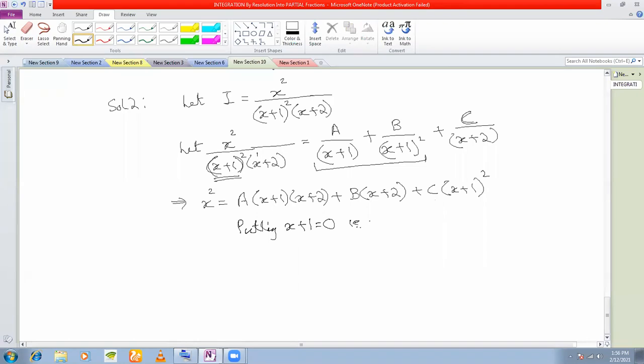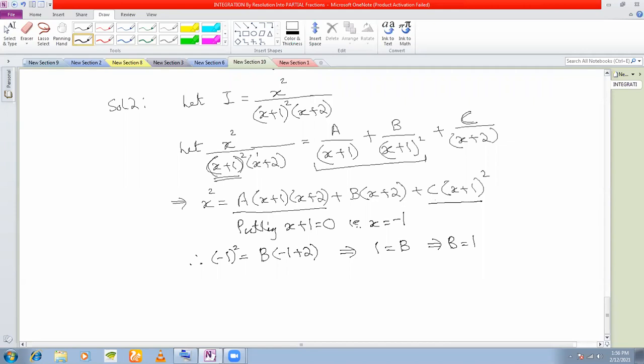That is, you put x is equal to minus 1. Therefore, what do you get? Minus 1 whole square is equal to, this one becomes 0. This one becomes 0. So you only get b times minus 1 plus 2. So what do you get? You get 1 is equal to b. That means you are getting b is equal to 1. Right? So you got the value of b.